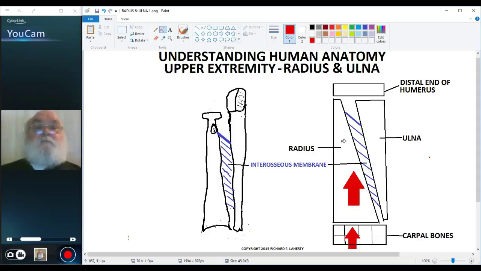As the radius is pushed in this direction, it's going to tug on these fibers so that there's going to be a transmission of that force from the radius to the ulna.